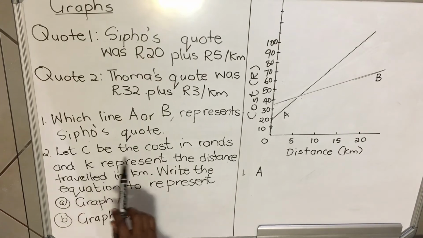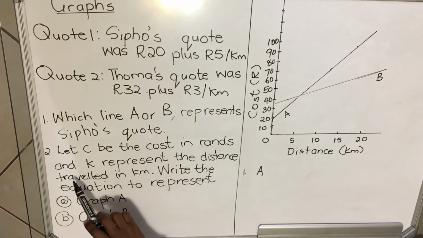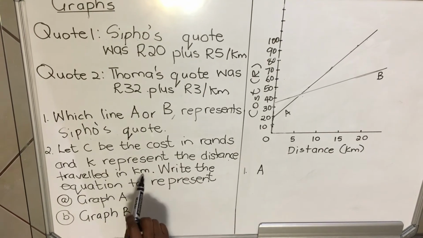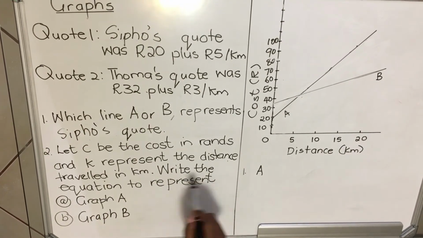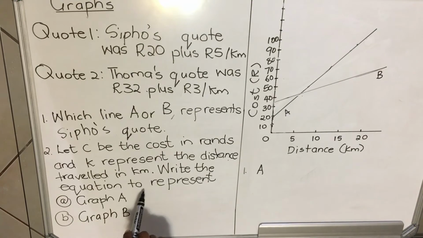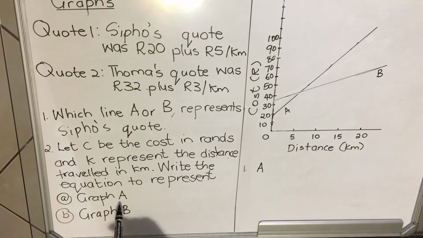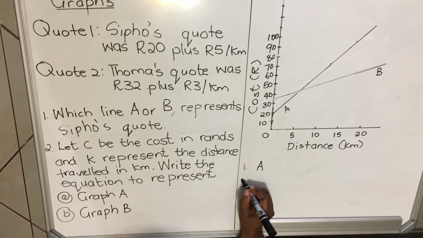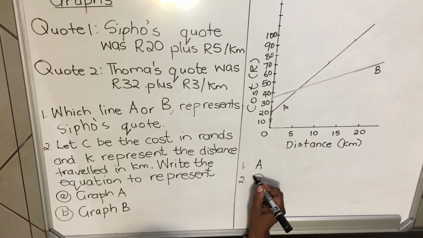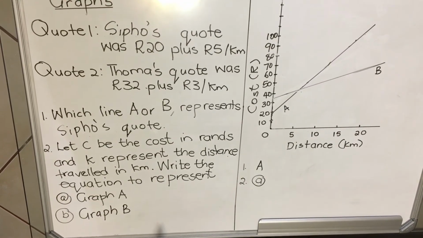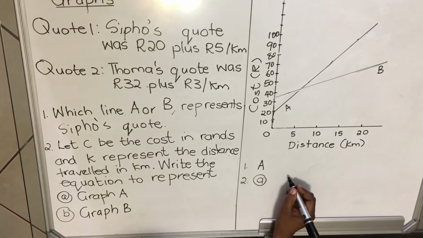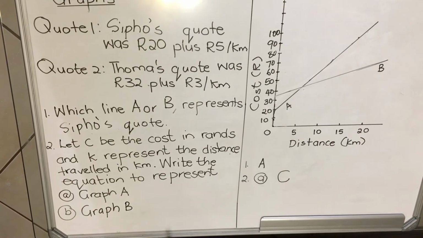Let C be the cost in rands and K represent the distance traveled in kilometers. Write the equation to represent graph A. Okay, this is our number 2A. Graph A is representing the cost, and they say the cost must be C. C is our cost.